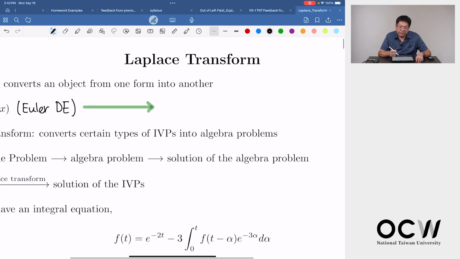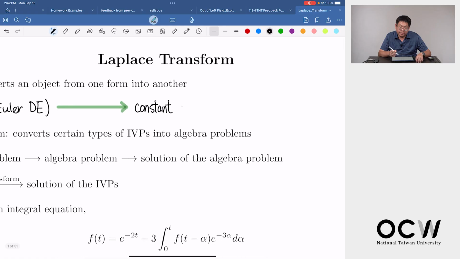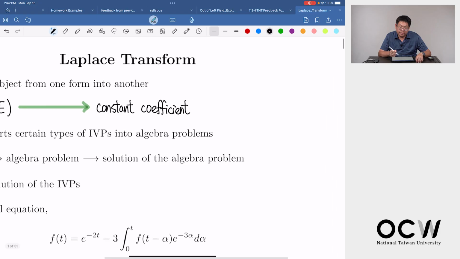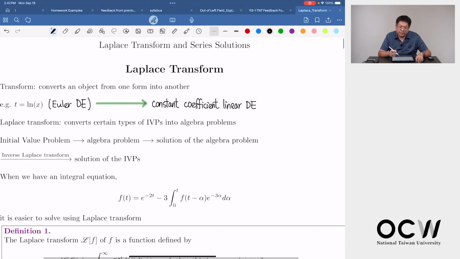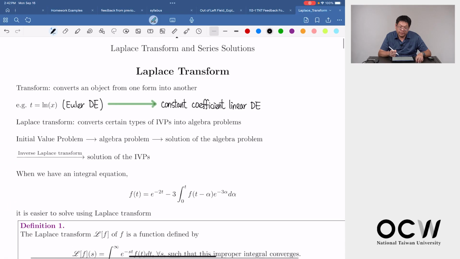So this gives us a constant coefficient linear differential equation. It'll be easier to solve the equation.